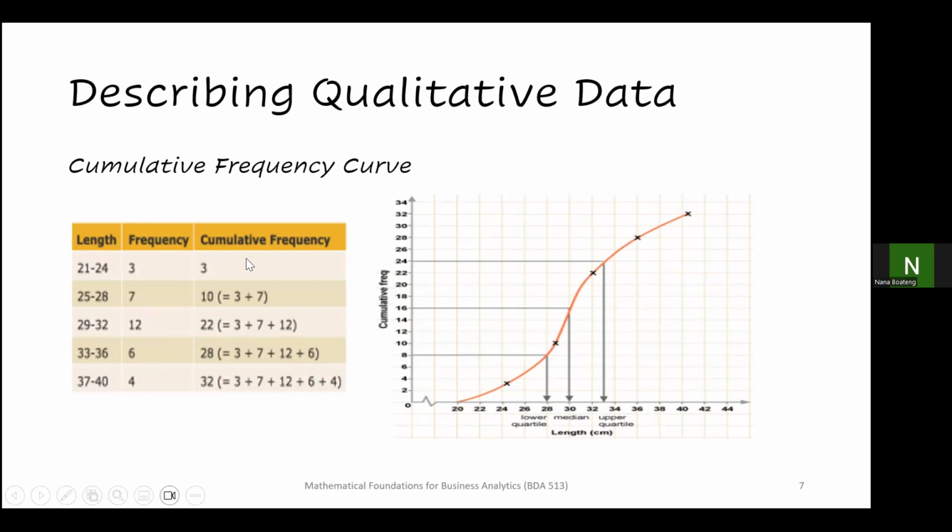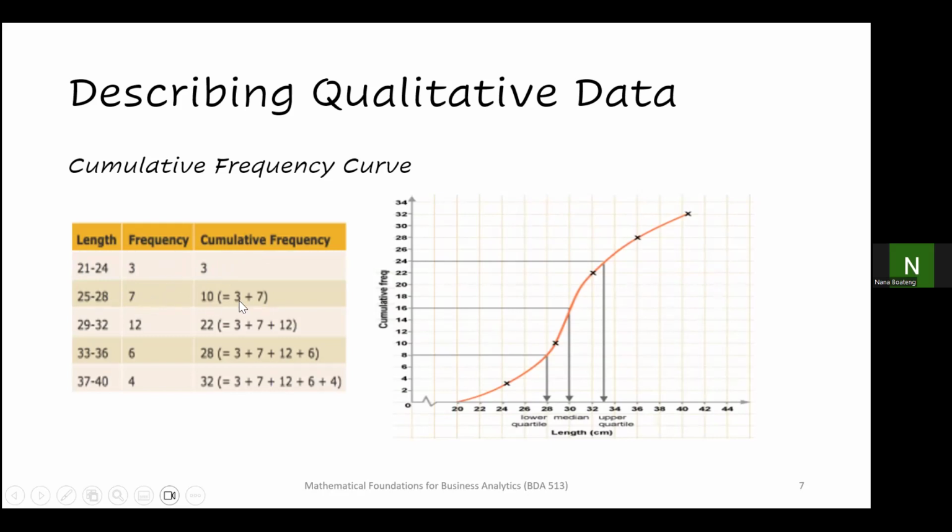Now, if you want to calculate the cumulative frequency, then we add them up as we go along. From the lowest, the 21 to 24 group, the frequency was 3. So we are starting from 3. The cumulative frequency is 3. When we come to the 25 to 28 group, the frequency is 7. Since we have 3 already, we add 3 to 7 to give us 10.